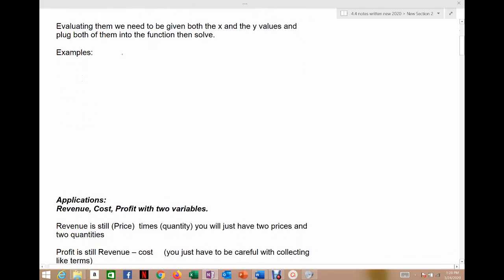So for example, if my function f of x y was just a simple function, 4x squared minus 2xy plus 3y squared, and we want to find f of 2 comma negative 1. What we want to solve for is the z. Our x value is 2, our y value is negative 1. What we're going to get out is our z value. And so it's just plug it in carefully.